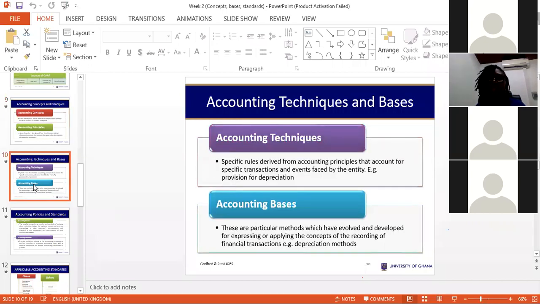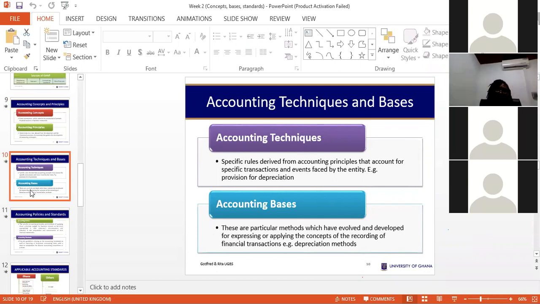Then we have accounting techniques. Now the techniques are the specific ones that we adopt. So there are the general rules, but we also have specific rules. The specific rules that we use to account for transactions that face every entity, you would have to refer to the general to be able to adopt which one suits your environment.